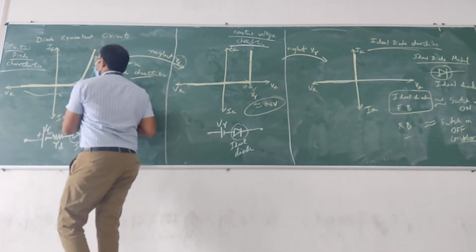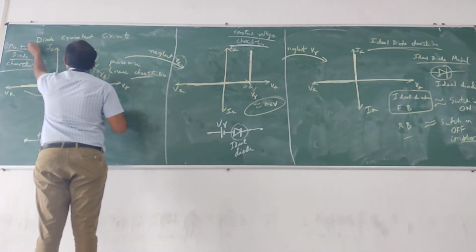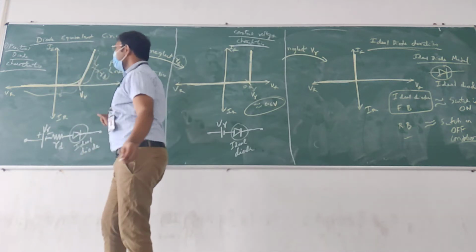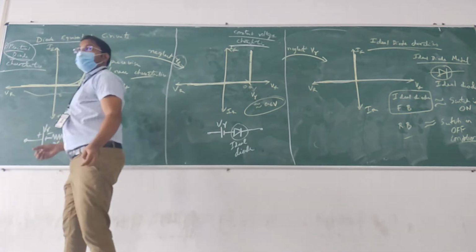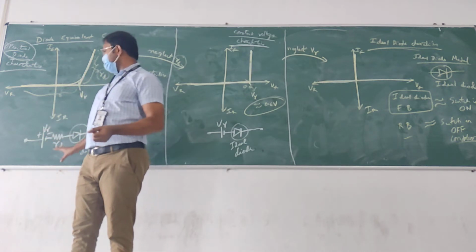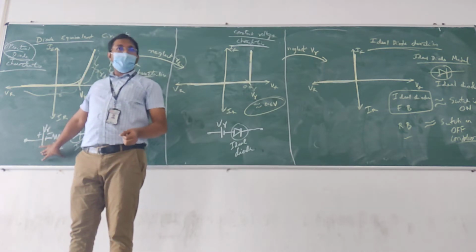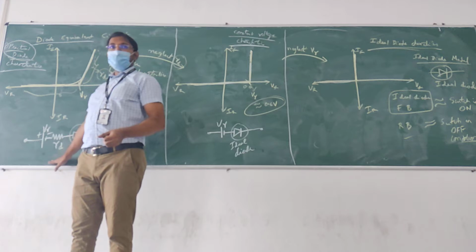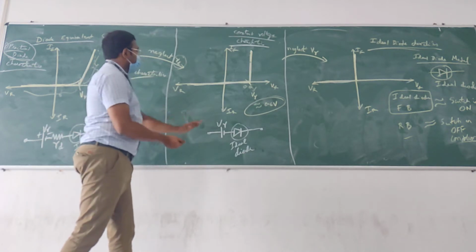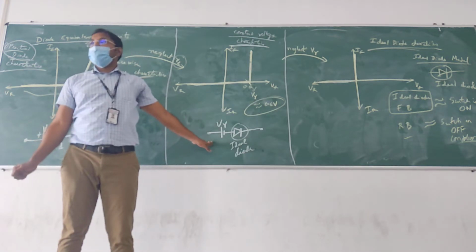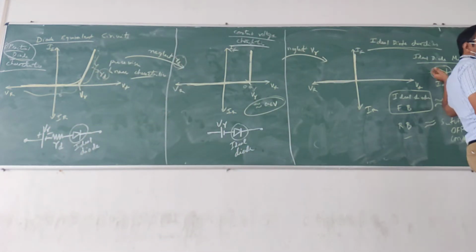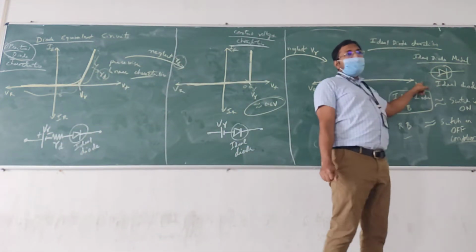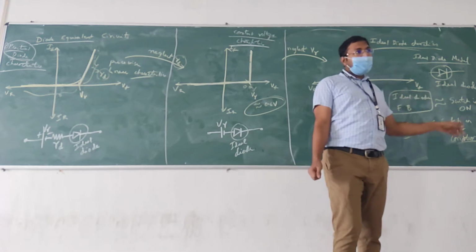This is the equivalent circuit for the practical diode. This is called the practical diode model. Then this is called the constant voltage model. Ideal diode model is just the diode in a circle. You write ideal diode.